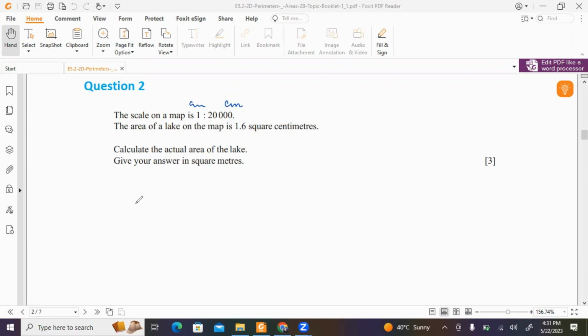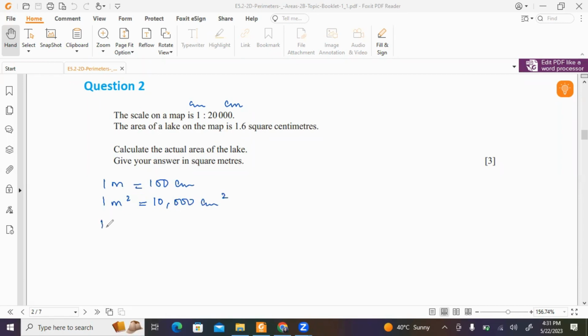So if we start with converting the 1.6 square centimeters into meters, we know that 1 meter is 100 centimeters. 1 meter square is 10,000 centimeters square.